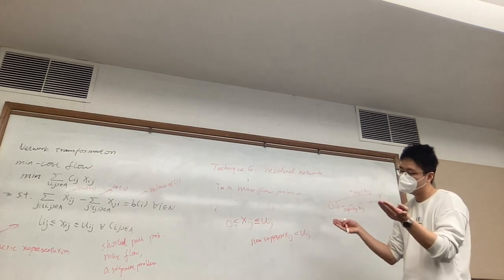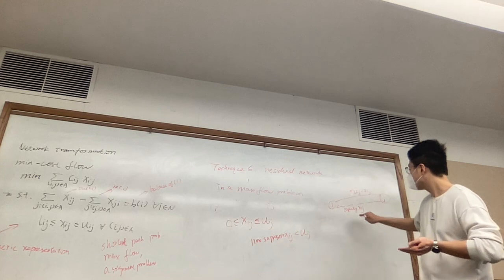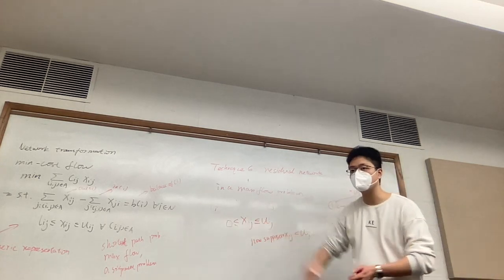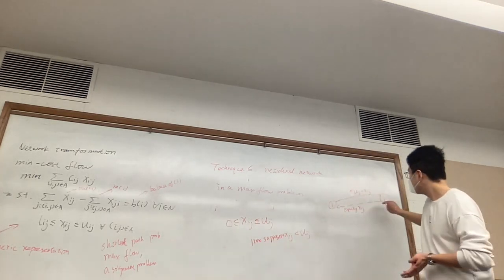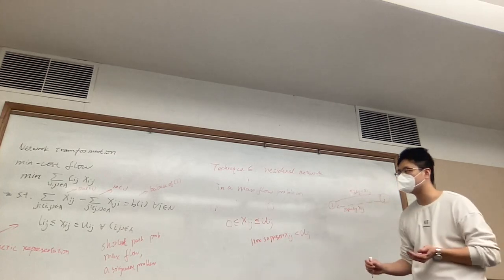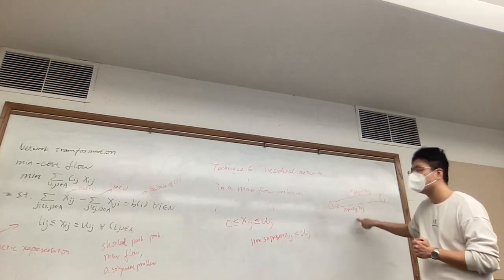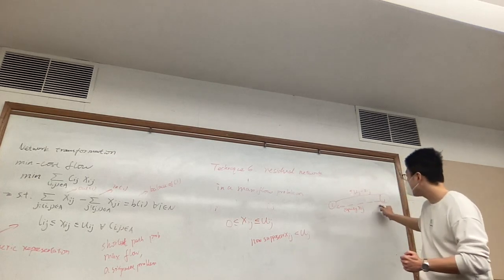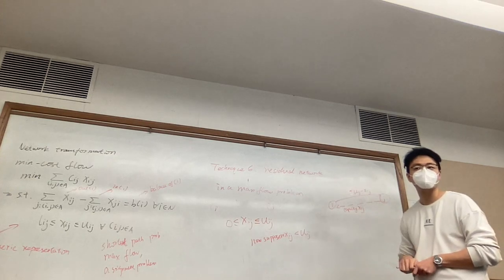And if you want to search for a better solution, it is possible that you reduce some flow from I to j, but increase flow elsewhere. So we add an arc from j to I with capacity Xij, meaning that you can at most reduce Xij units of flow from I to j. And this is equivalent to sending Xij units of flow from j to I. Does that make sense?